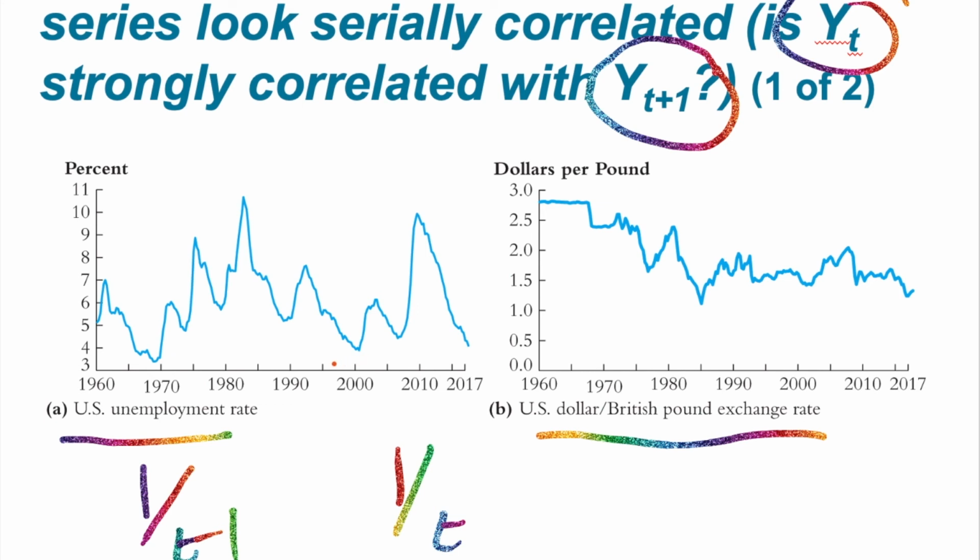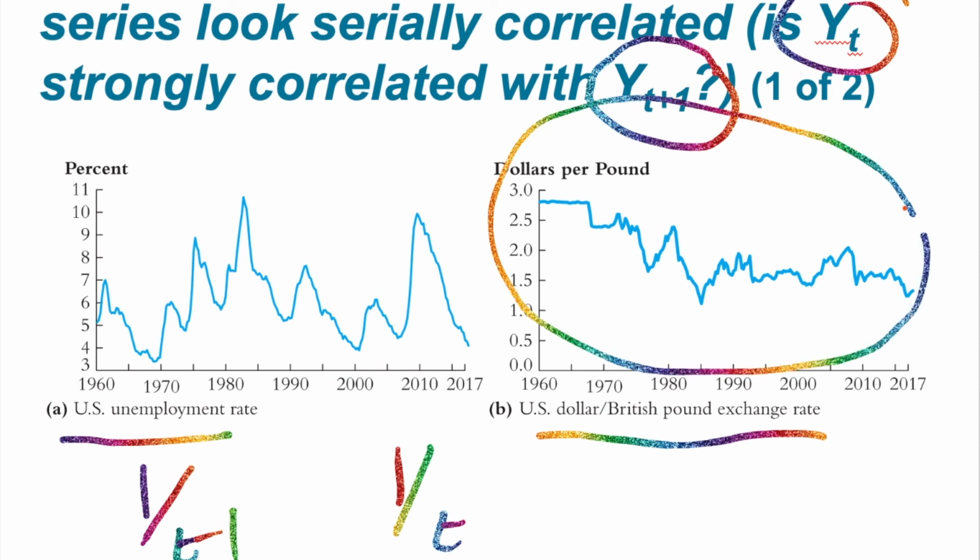There is much less volatility than you have with the quarterly percentage change in gross domestic product. There is cyclicality in the unemployment rate as with the growth rate, but you do have persistence, and you have a lot of persistence in the exchange rate.